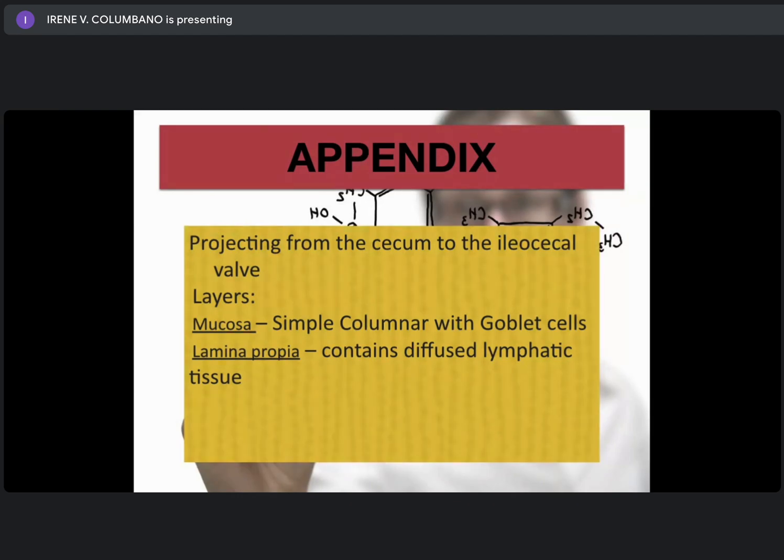Yun nga lang, pag minanas at na-infect siya, pwede pa itong maging reason para ma-operahan tayo. Pero yung sasabing pagkakakain mo pa lang, huwag kang takbo ng takbo, huwag kang tatalon, magkaka-appendicitis ka. True or false?